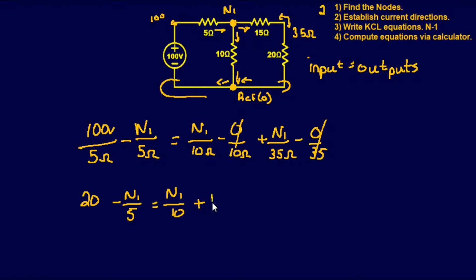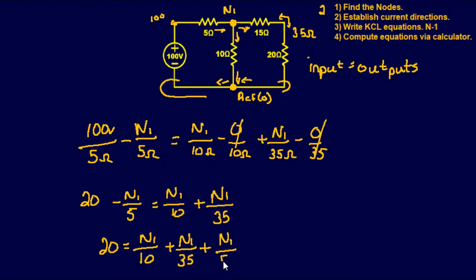So it's plus N1 over 35 ohms. And I think we can move this N1 over to this side. So it's going to be 20 equals N1 over 10 plus N1 over 35 plus, because we added the N1 over 5 from this side and added it to this side. So it's N1 over 5.